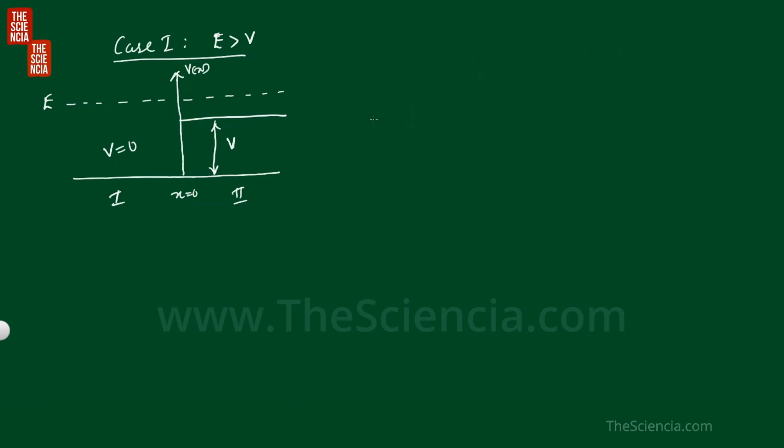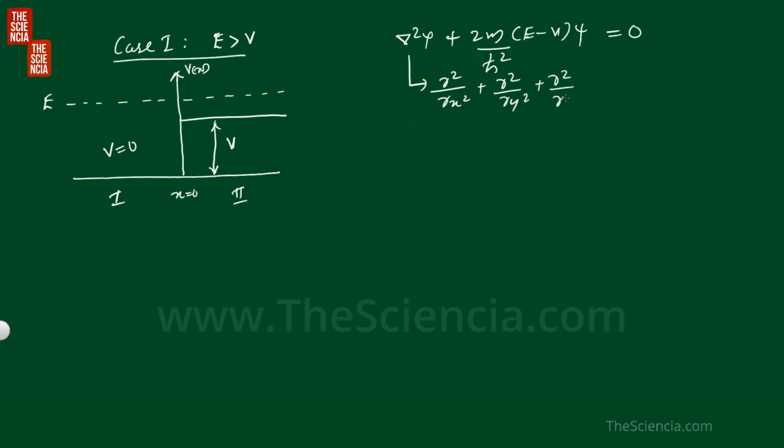Now we can come back to our problem. So the problem is to find out the wave function of such a particle. So to find out the wave function, we have to solve the Schrodinger equation. And what is the Schrodinger equation? That is del square psi plus 2m (E minus V) into psi by h cut square is equal to 0. Here we know del square is equal to dou square by dou x square plus dou square by dou y square plus dou square by dou z square.